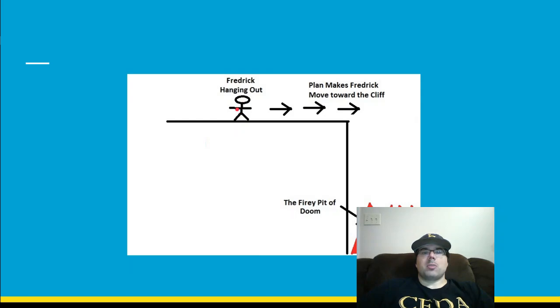So this might actually be Frederick moving that way a little bit. And then the plan crushes the U.S. economy, i.e. Frederick starts moving towards this cliff. And then economic collapse causes war, which is a fall into this fiery pit of doom, or the impact level.